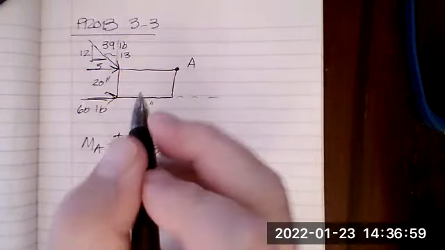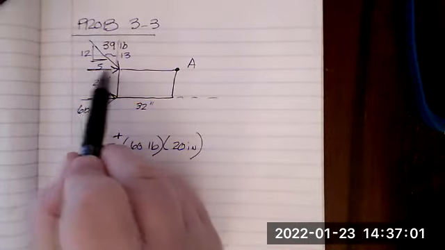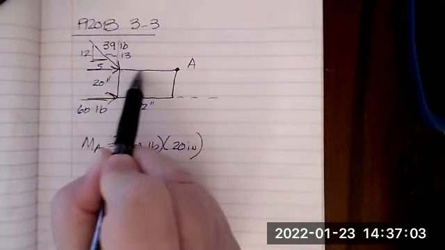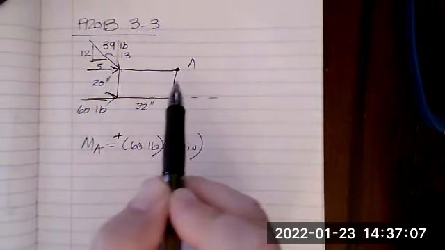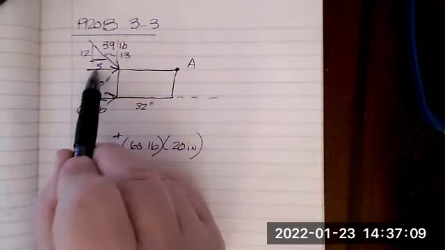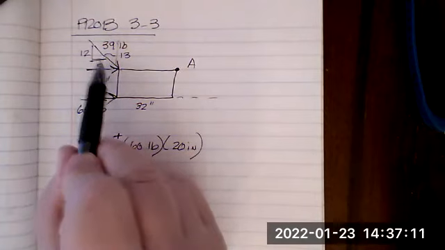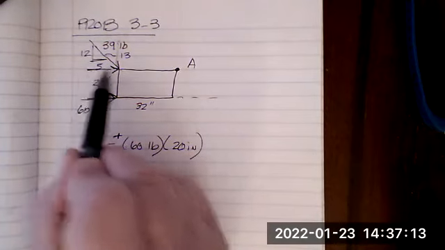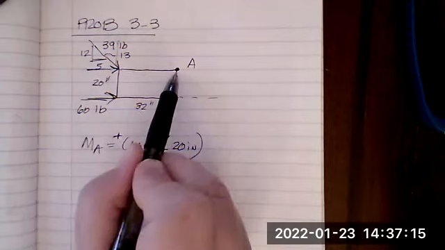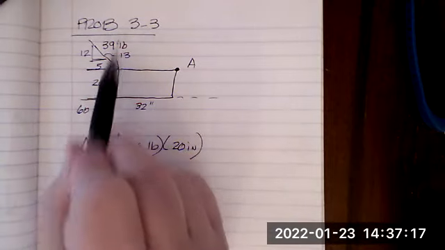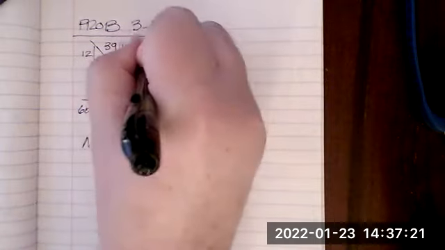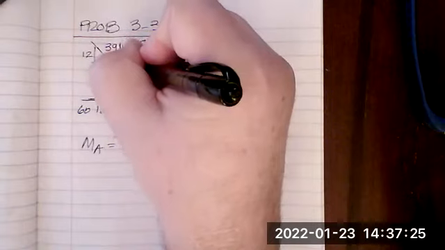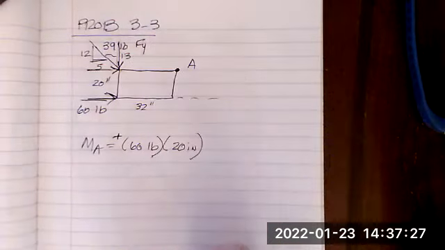If you move the horizontal force anywhere along this line of action, you will see that it intersects point A. So the horizontal component does not create a moment about A. The vertical force does. Fy does create a moment about A.